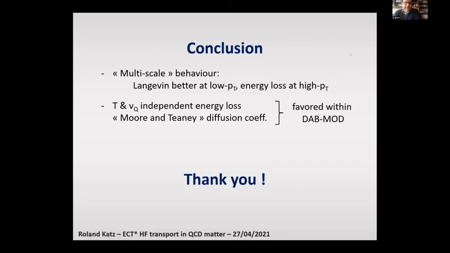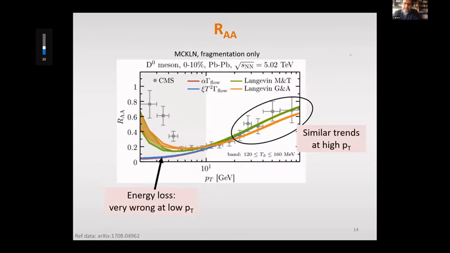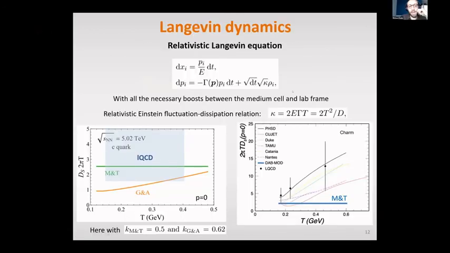Sorry, I missed the Moore and Teaney diffusion coefficient that is so close to lattice QCD. To what do you refer? Because it's not the standard paper on Langevin. I'm sorry, do you mean this one? Yeah, because in 2005, or 2004, they just used the pQCD approach.